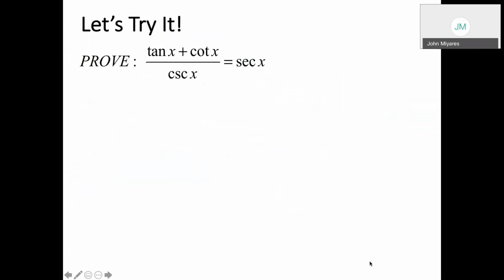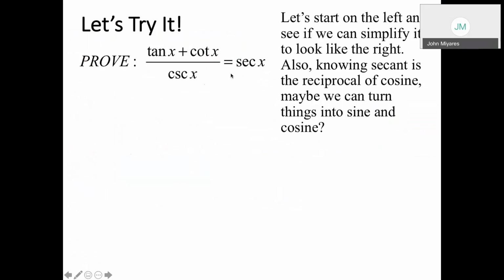So let's see what we can do here with this one. I want to try to prove that tangent of x plus cotangent of x, all divided by cosecant of x, will reduce to just secant of x. Seeing that this left-hand side is a lot more complicated than the right-hand side, we're going to start on the left to see if we can simplify it to look like the right.